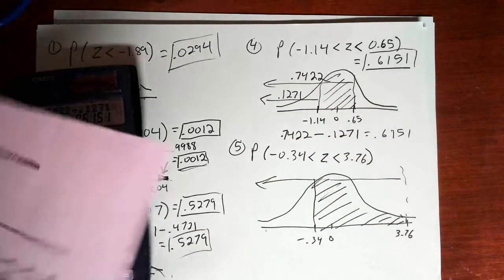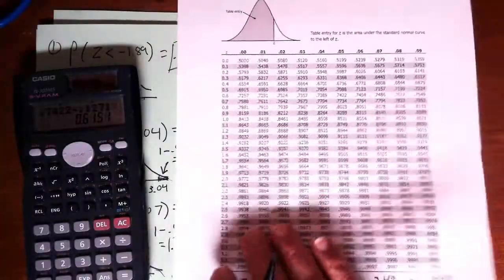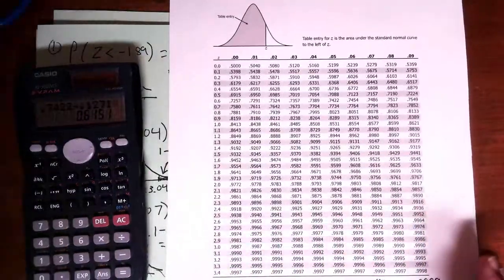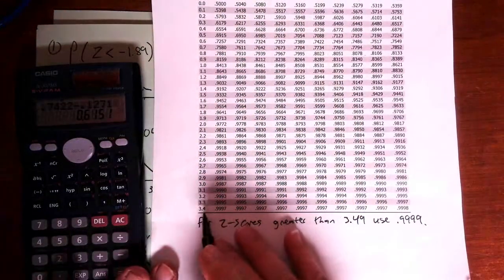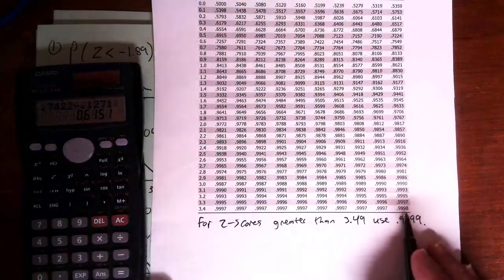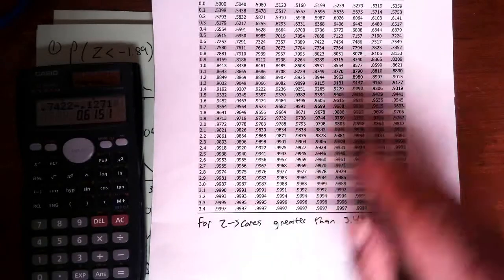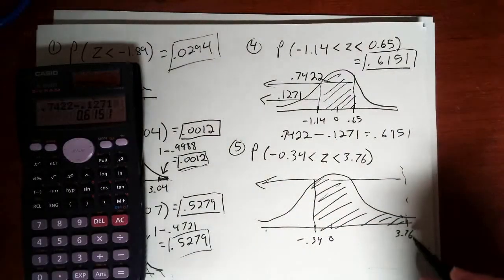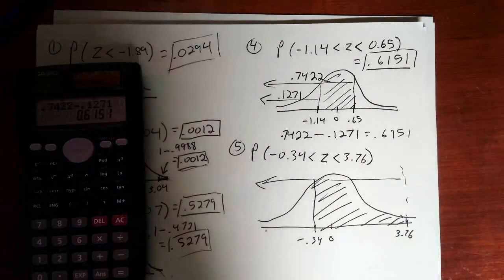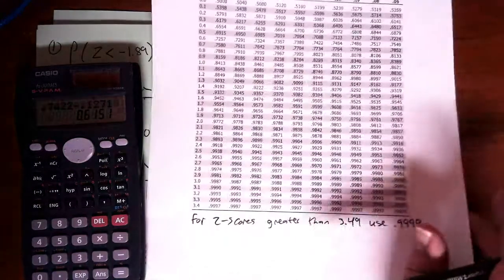And this is where you had the problem, because if you look up 3.76 on your table, you don't find it, right? Positive 3.49, that's as high as you can go. And you get like 0.9998. And so you cannot look up this on your table. The highest value you can look up is 3.49.